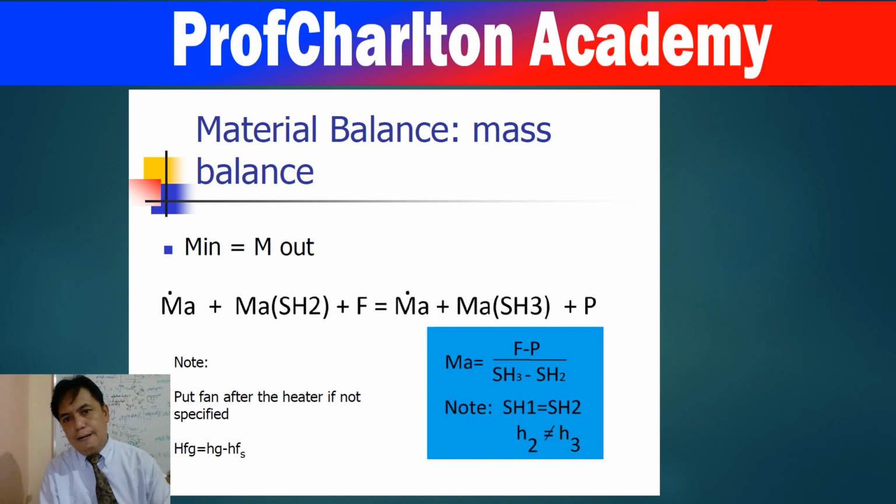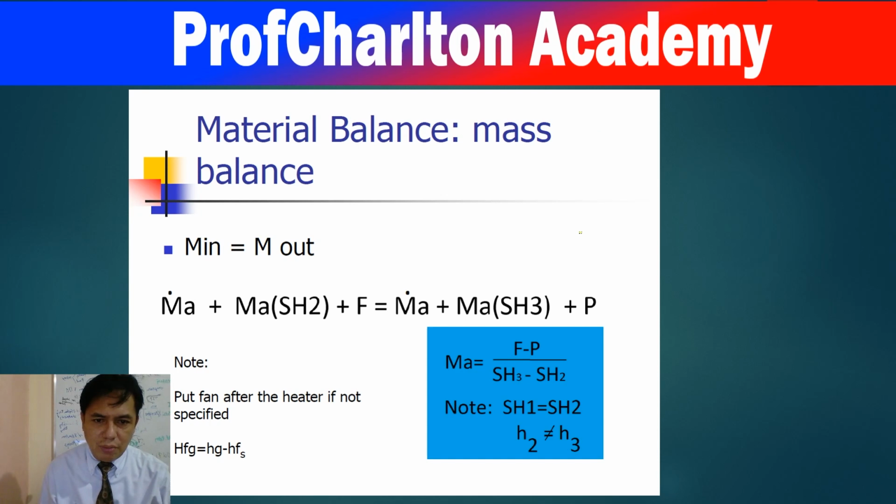So to finally end the material balance happening in the dryer, it is like this: mass in equals mass out. So mass of air, meaning the dry air, plus mass of air times specific humidity 2, plus F, the mass flow rate, equals MA, meaning the mass flow rate of air, plus MA times the specific humidity.